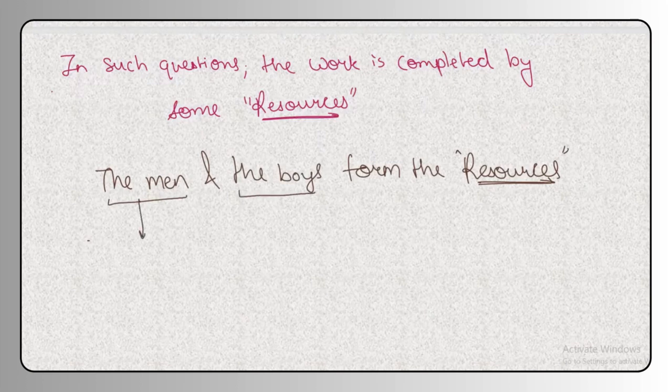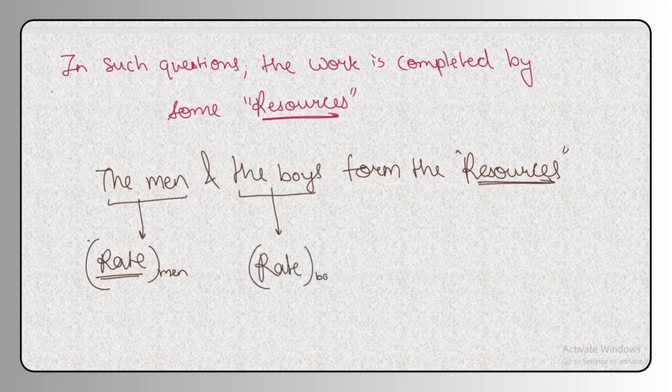For example, the men could work faster, the boys may work a little sluggish, or vice versa. We don't know. So essentially, there is some rate at which the work is being done by the men, and there is some rate at which the work is being done by the boys. And there are different rates. Doesn't need to be the same. One might do faster, one might do slower. We don't know what that rate is, right?